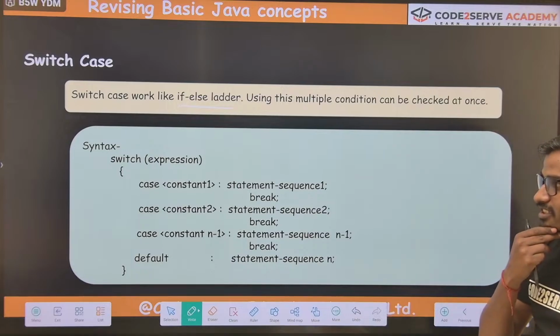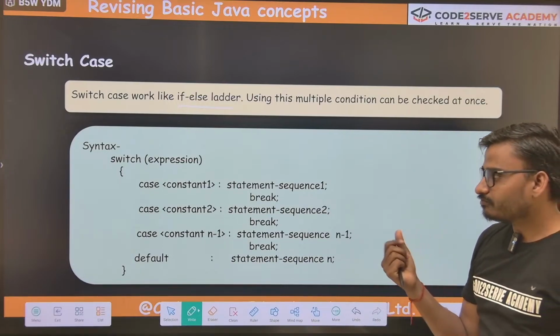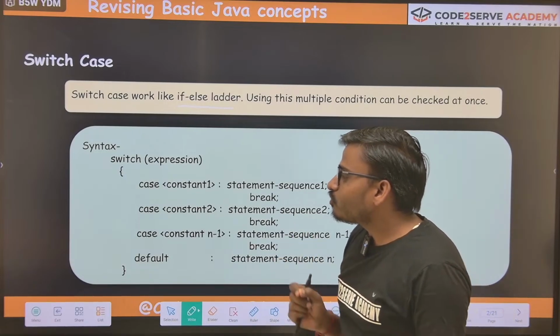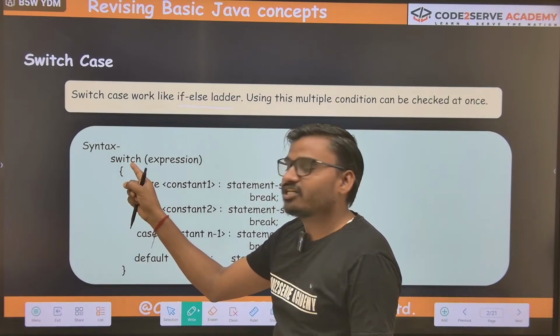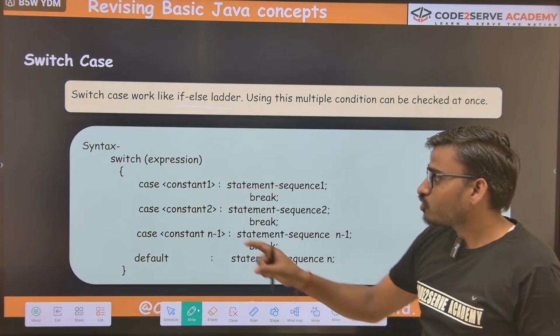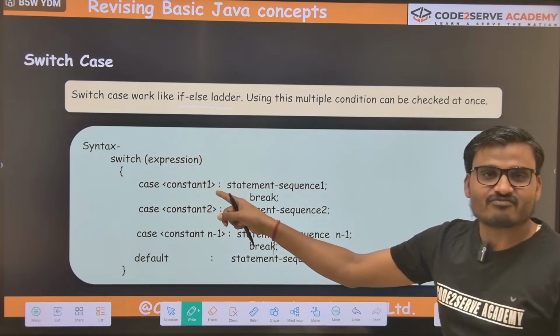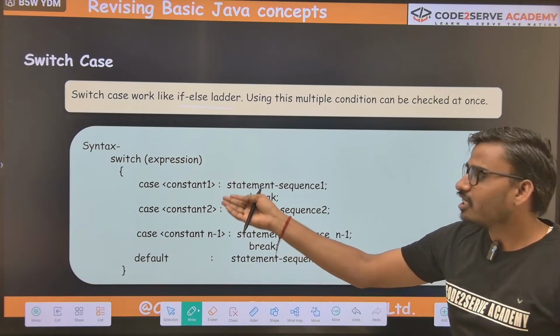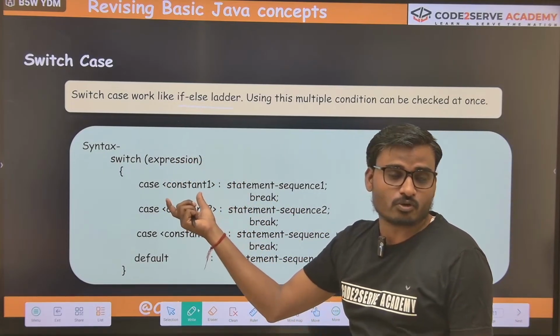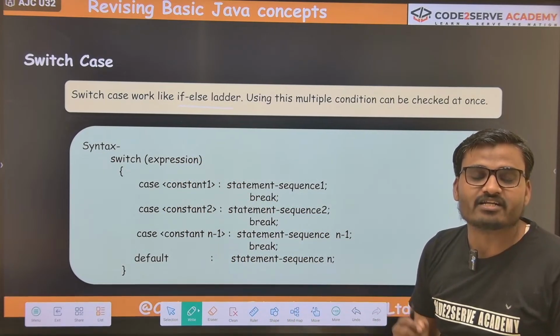Okay, so first let us have a look over here. What is the syntax of switch case? In switch case we write the keyword switch, and switch is in small letters, right? Inside that, in the brackets, you have to write an expression.